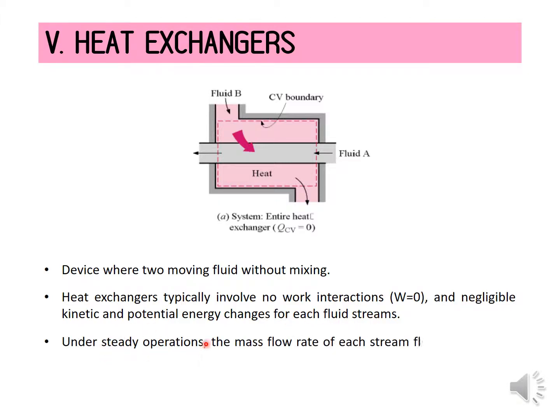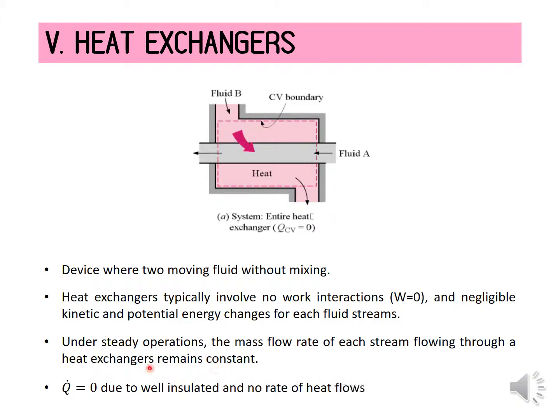Under steady operation, the mass flow rate of each stream flowing through a heat exchanger remains constant. If the heat exchanger is well insulated or adiabatic, the rate of heat flow equals 0.